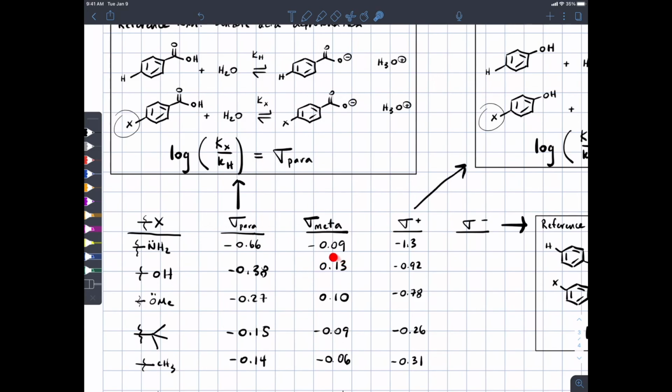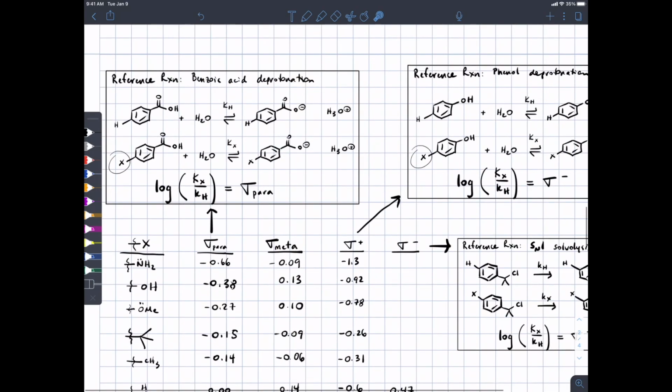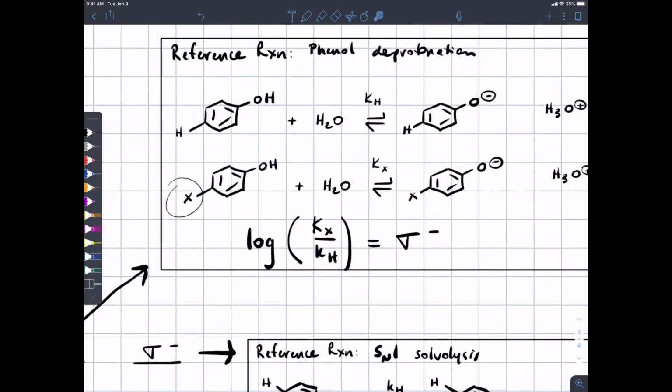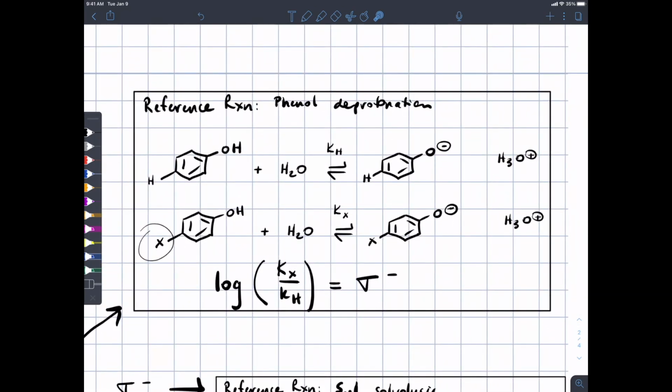For having the meta hydroxy group, this is now no longer a donating group, but a withdrawing group, and that's just because perhaps it's now closer to the carboxylate and the electronegativity of oxygen matters more at that point. But if you wanted to see mostly about resonance electron withdrawal, you can use, instead of benzoic acid deprotonation, phenol deprotonation.